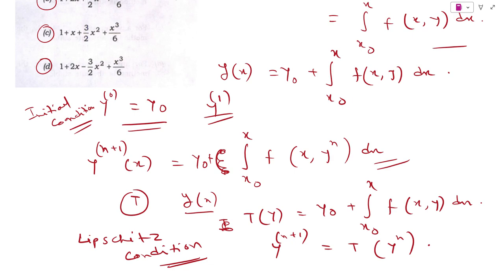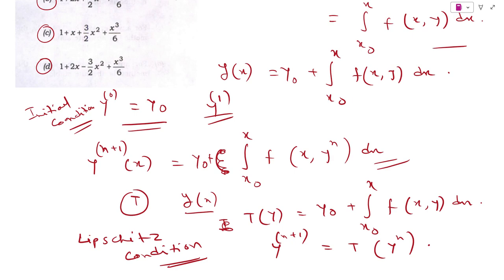So it shrinks the distance between the functions, forcing this sequence to converge to a single unique fixed point where T(y) = y. That fixed point is the exact solution to our differential equation.